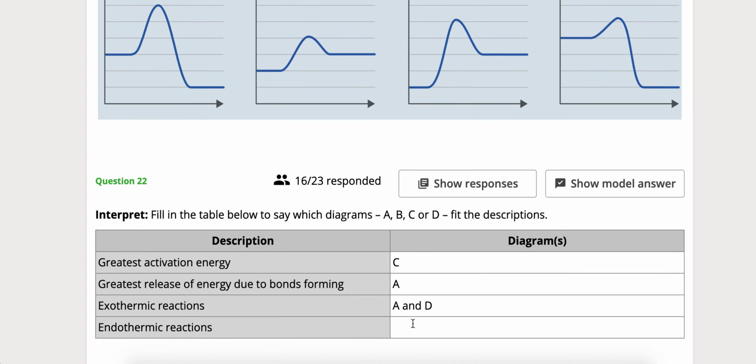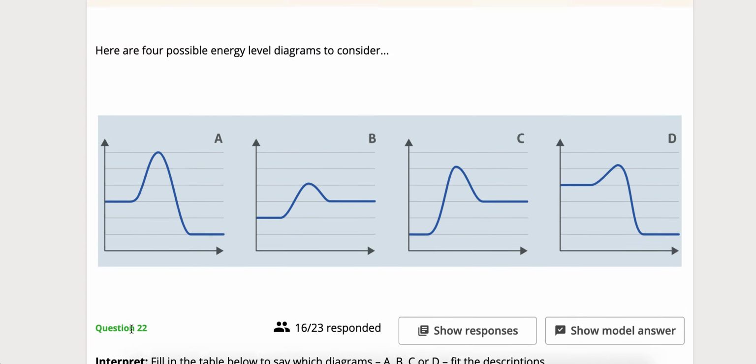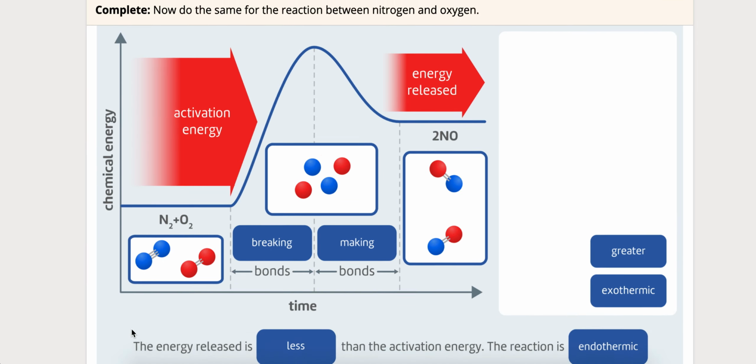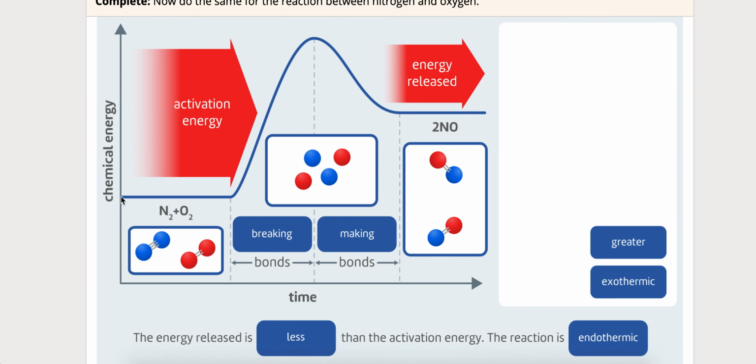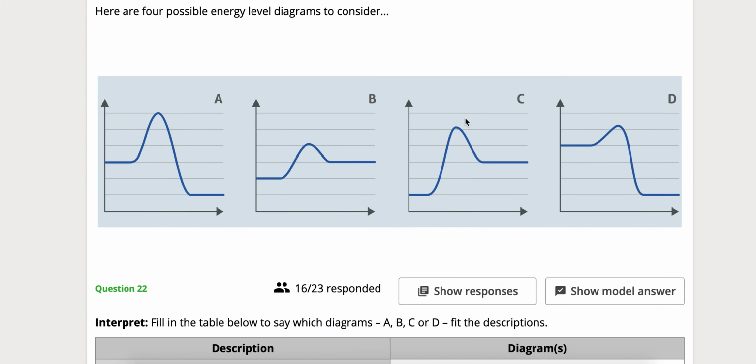That leaves us with our endothermic reactions. Now let's take a look at this endothermic reaction. We start lower, it peaks, and it ends up higher. This one starts higher, peaks, ends lower. This one starts lower, peaks, ends up higher. This one starts lower, peaks, and ends up higher.